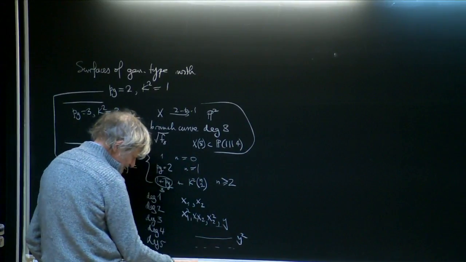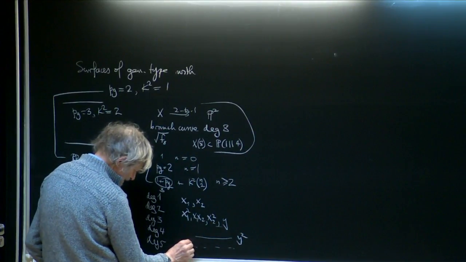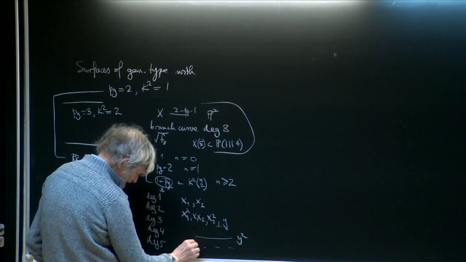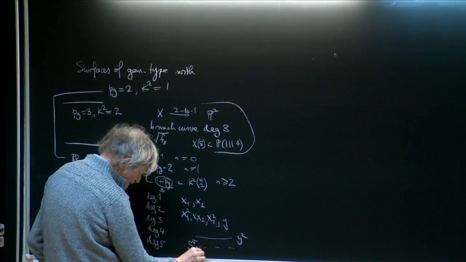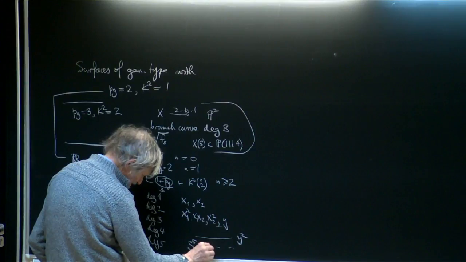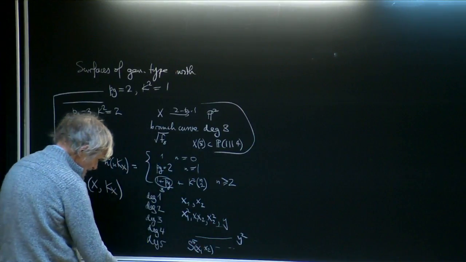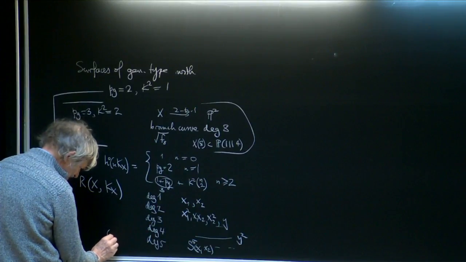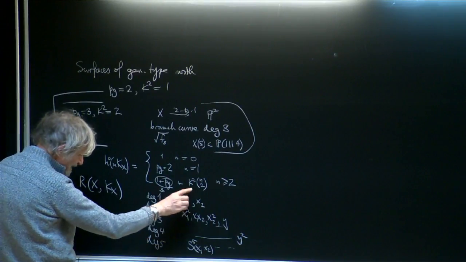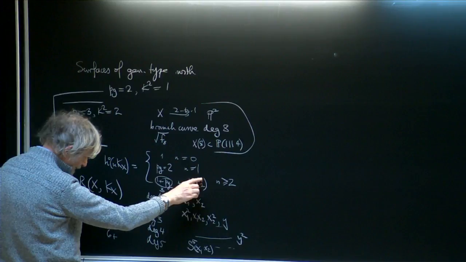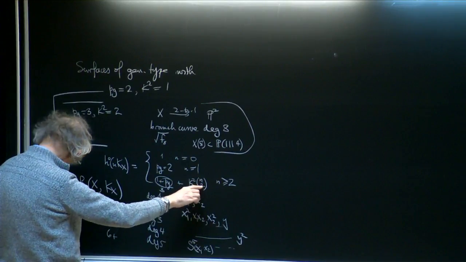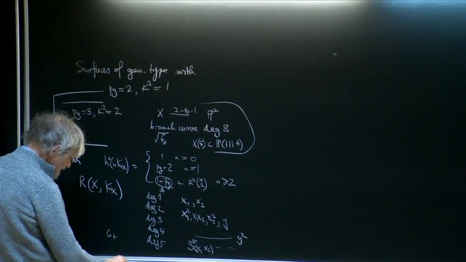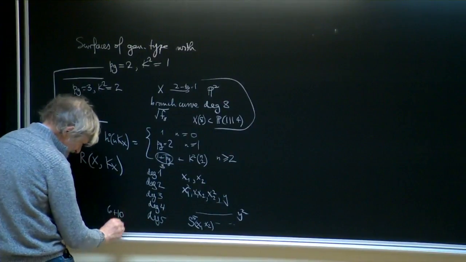So in degree 5, this is a sort of long calculation. You get quintics in x1, x2, so there are 6 monomials there. The number we're trying to get to here is 6 plus 5 choose 2, which is 10. I'm trying to get 16.